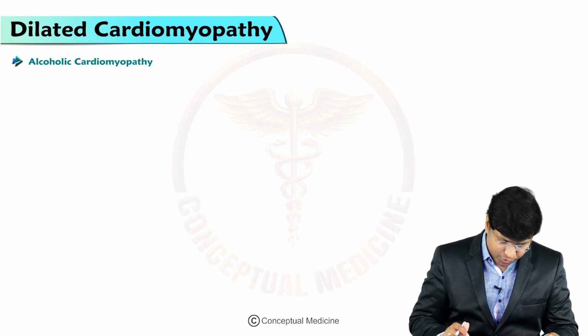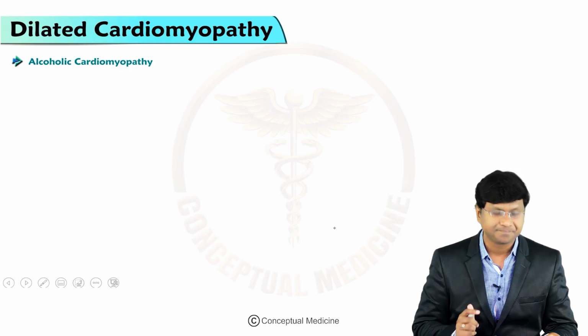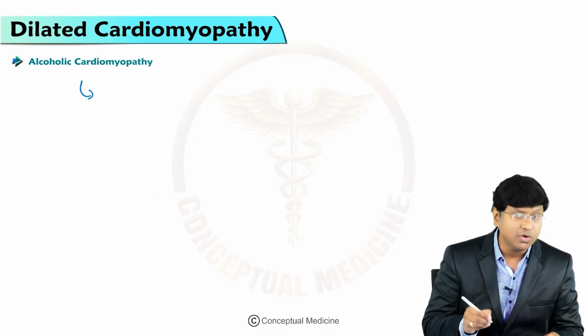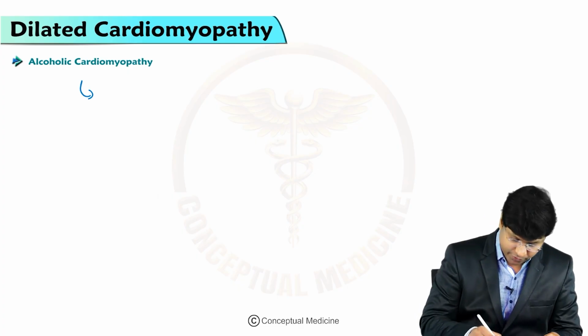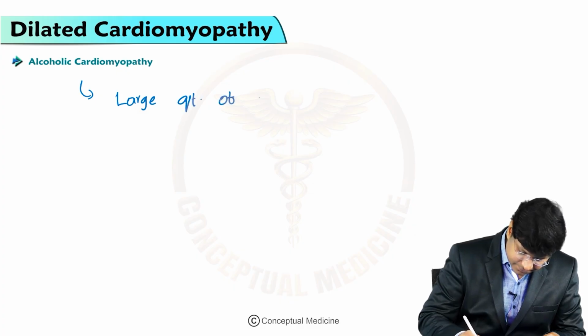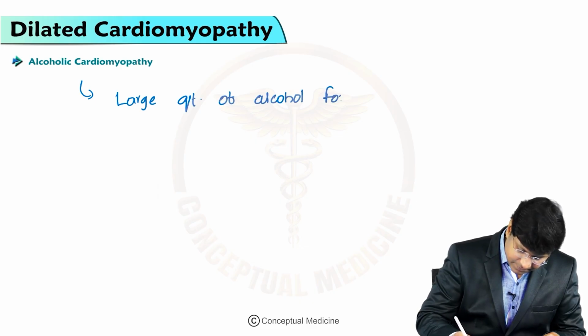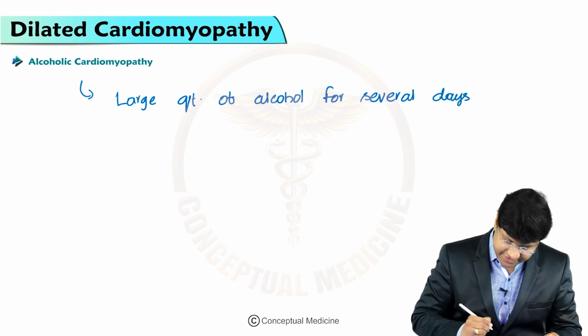Now, what is the most common toxin which causes dilated cardiomyopathy? That is alcohol. So alcoholic cardiomyopathy develops in individuals who consume large quantities of alcohol for several years.